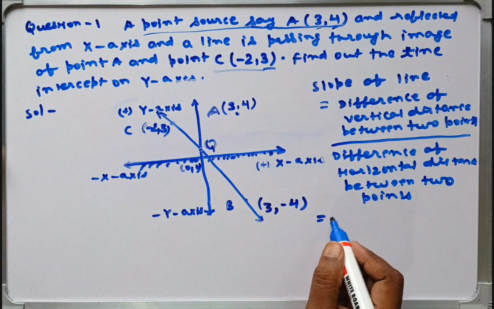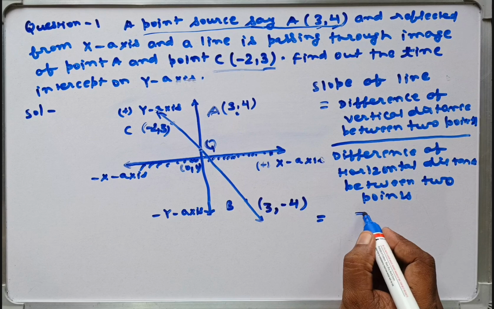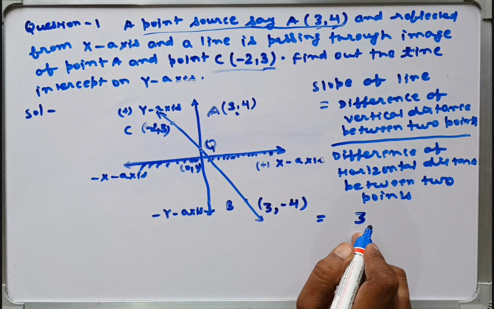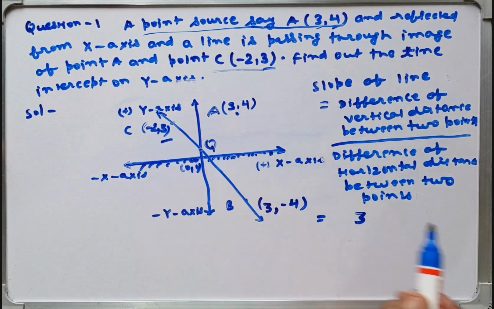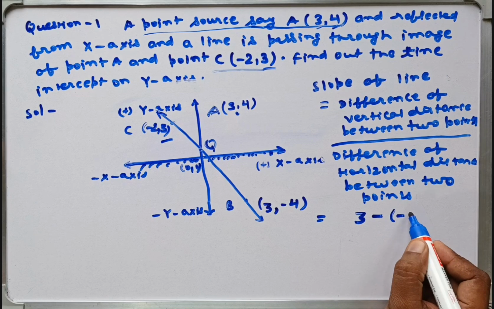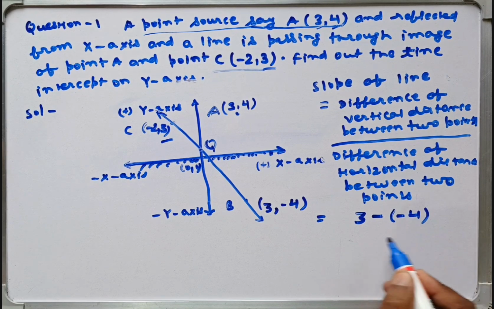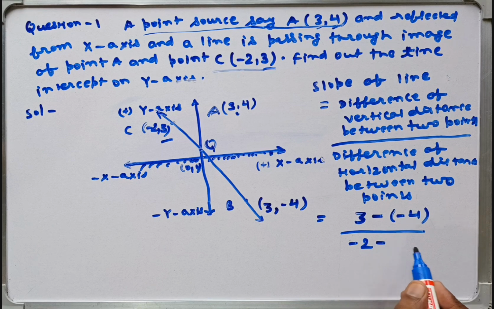Now see, if the first point gives 3 for the vertical distance, then take the difference with the second one, so this will be like this. Again for the horizontal distance, -2, then put a negative sign, then 3.